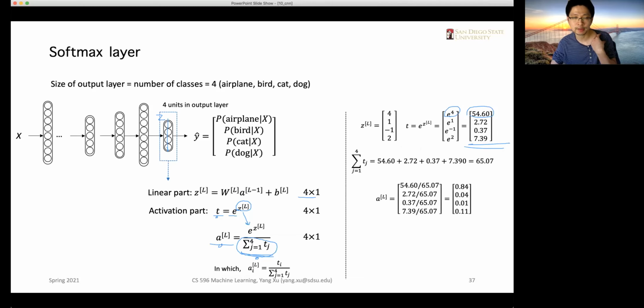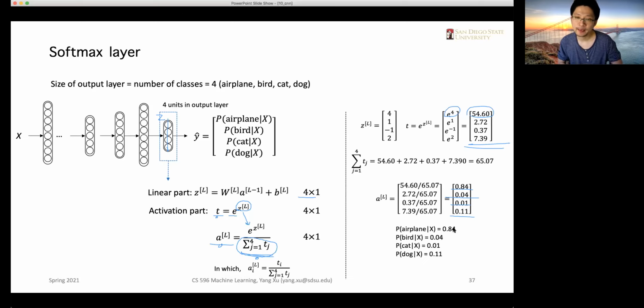Now we compute the summation of all T's and use that to normalize T so that we have AL in a normalized manner. All elements are within the range of 0 and 1, and they all add up to 1. So this AL is now a valid formation for the probabilities.